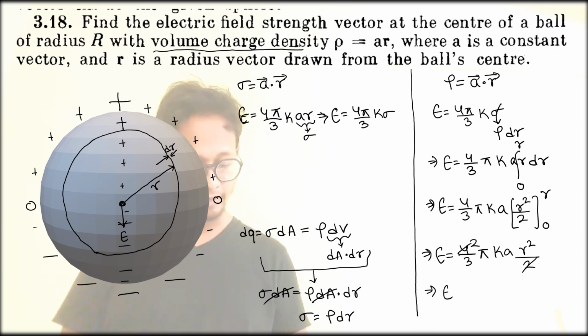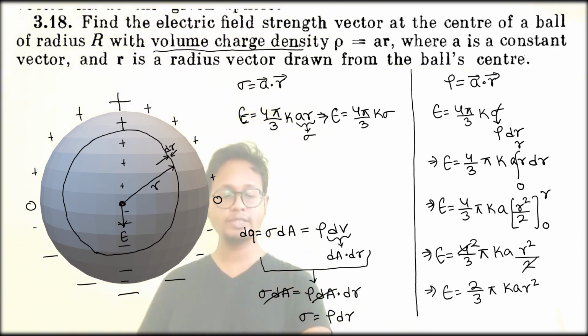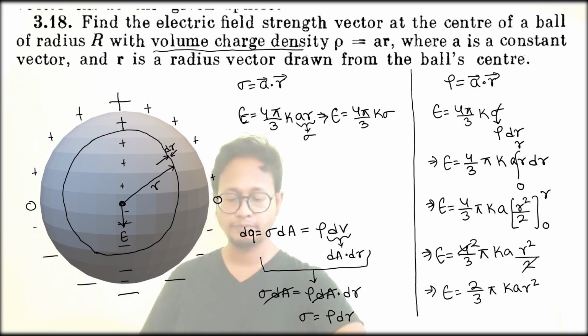So electric field is equal to 2 by 3 pi k a r square. Isn't it? So the question was simple enough if you have just studied the previous question. Understood? Okay. So in order to do the next question, we'll learn a little bit about something called flux.